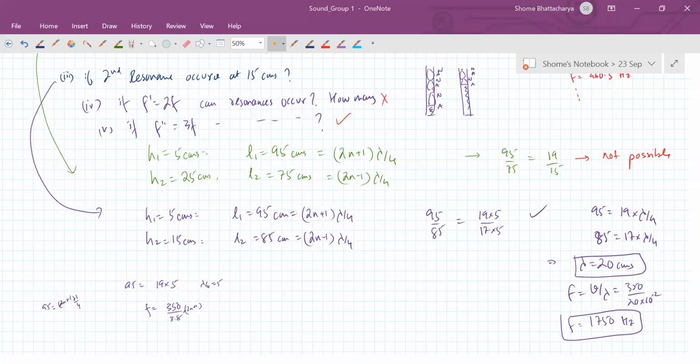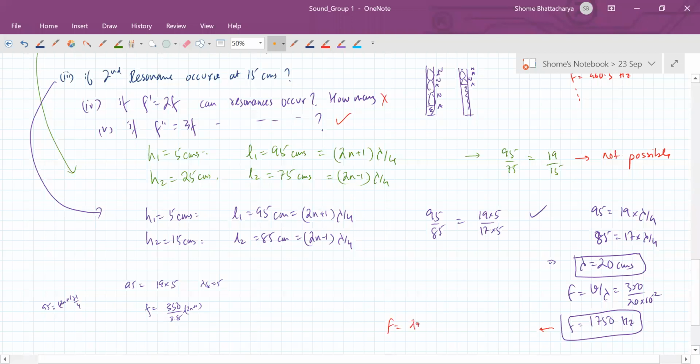You had seen here that the possible frequencies were odd multiples of 92.5, sorry, 92.1. So this had to be a member of this series.